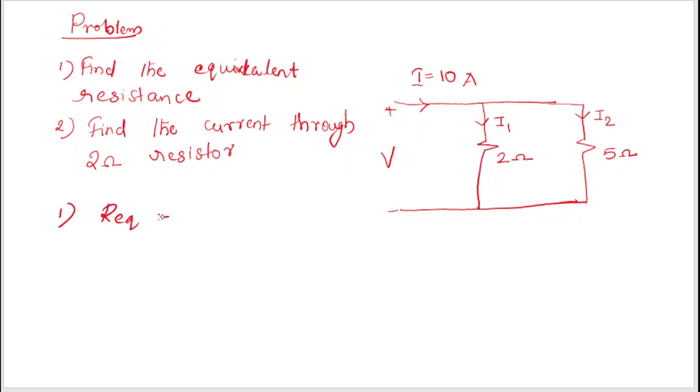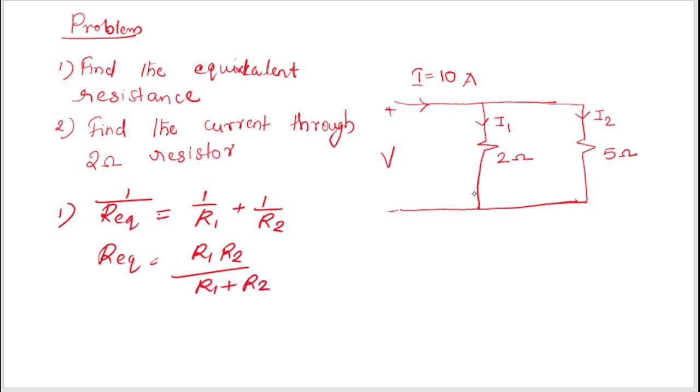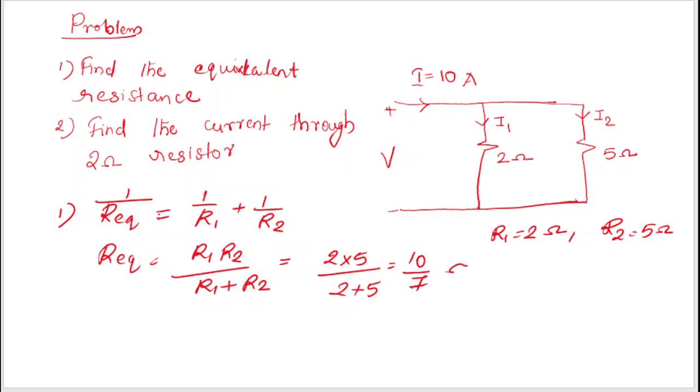We know that in a parallel connection 1 by R equivalent is equal to 1 by R1 plus 1 by R2, that is R equivalent is equal to R1 R2 divided by R1 plus R2. Here R1 is 2 ohm, R2 is 5 ohm. Now the R equivalent will be 2 into 5 divided by 2 plus 5, that is 10 by 7 ohms. This is the R equivalent.